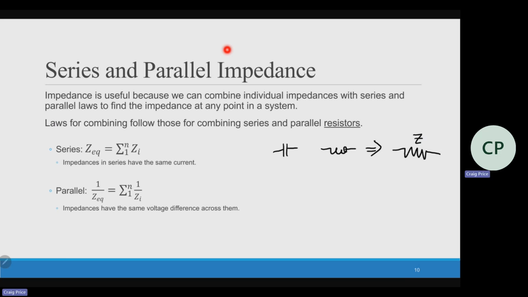So I can just redraw them all as basically resistors. And then for any that are in series, I can just add them together. Any that are in parallel, if you remember how to add resistors in parallel, we're going to do 1 over Z equivalent. So we're adding all the reciprocals, and we take the inverse of that to find the equivalent impedance.